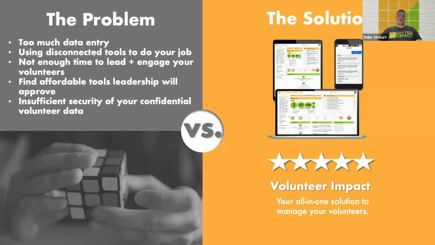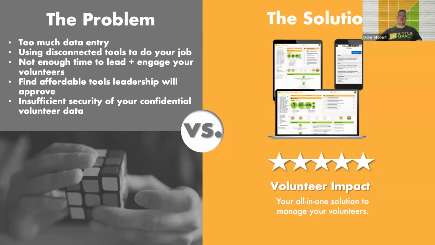Find affordable tools leadership will approve. That's something else we understand, that sometimes it can be a lengthy approval process. You've got to go through a number of different avenues to get software approved. We're here to help you through that process and do everything we need to get you over the line.